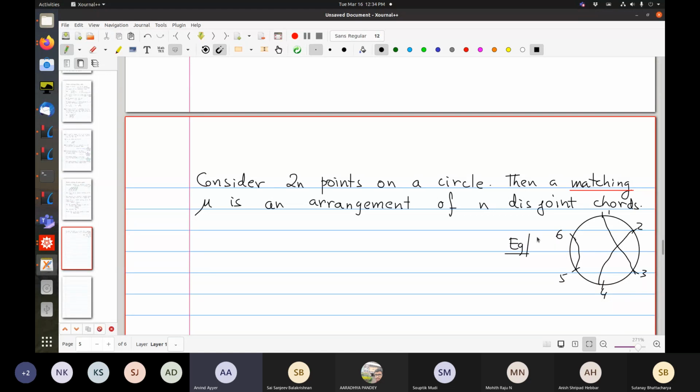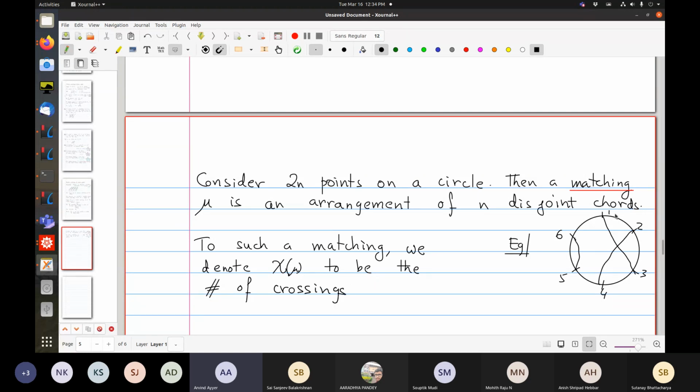Okay, so when there are 2n endpoints on a circle, to such a matching we define, or denote, phi of mu to be the number of crossings of mu.